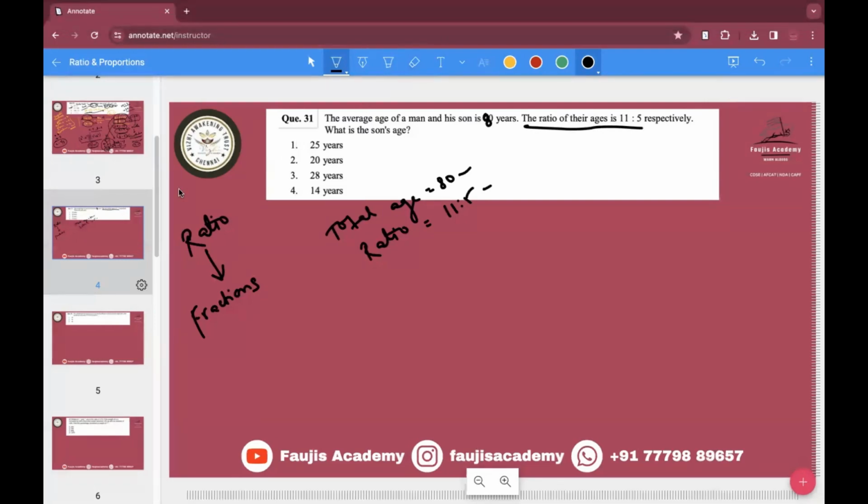Sir, 55, son's age. You sure this son is older than his father? You are on the right track, Kaleshwaran, but you have mixed up.